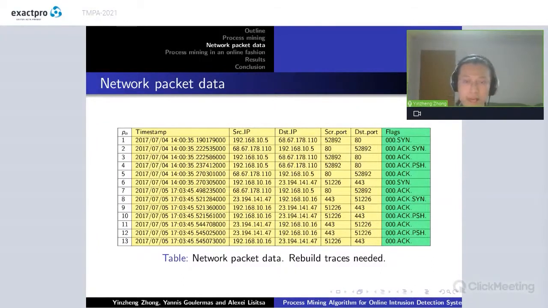The green part is the attributes we kept for the process mining itself. We only use the flags from the network header, like synchronize, acknowledge, and so on. After we reconstructed the traces, we will just discard the yellow part.